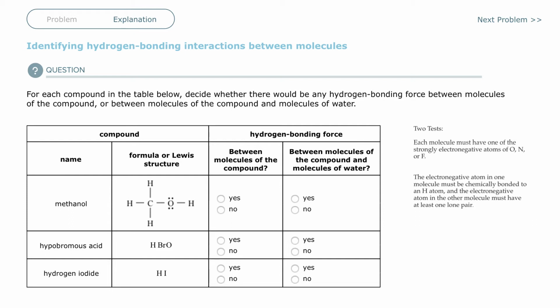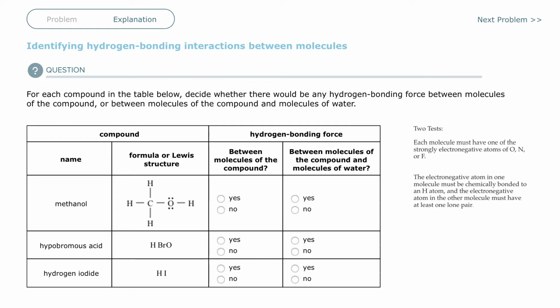So the two molecules in question have to have an O, N, or F. The second test: the electronegative atom in one of the molecules has to be connected to a hydrogen. That's why it's called a hydrogen bond. And the electronegative atom on the other molecule must have at least one electron pair.